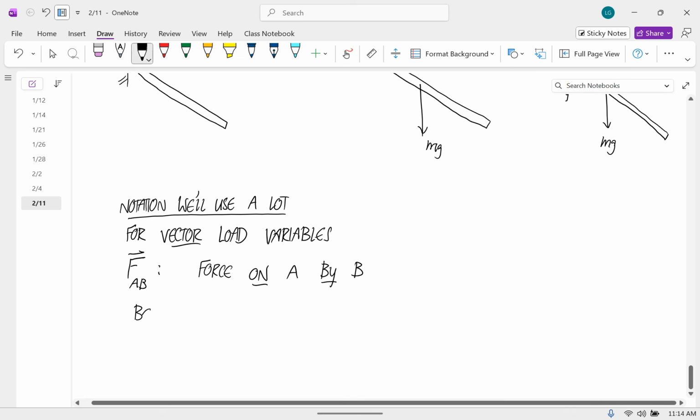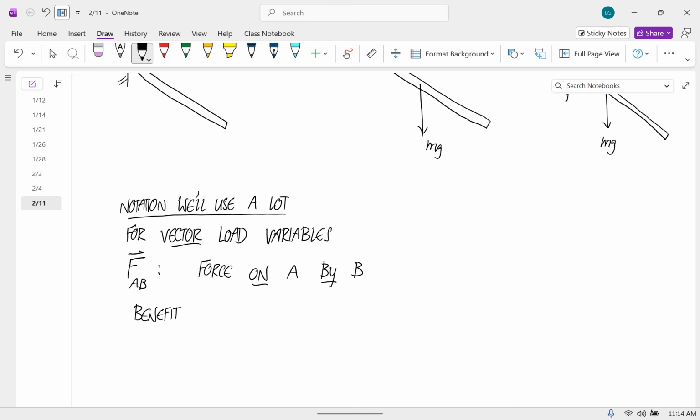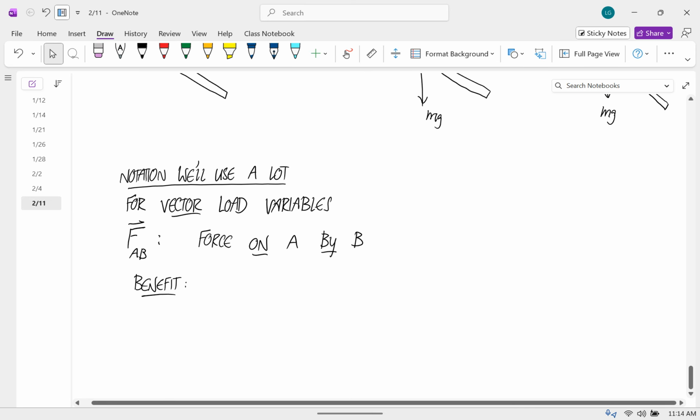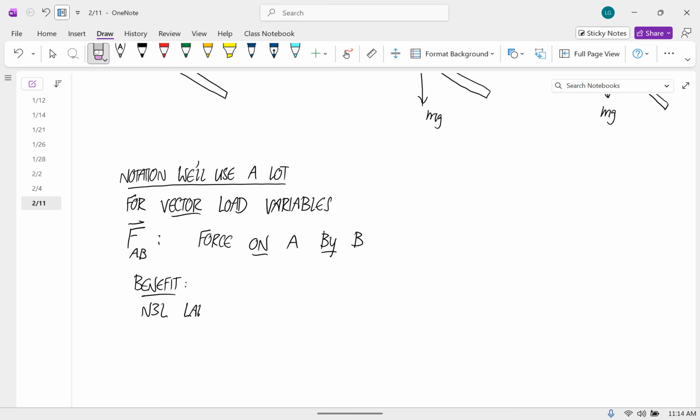And the benefit of this is we'll see that we use this all the time in things where there's a lot of bodies, and we're coming up with a lot of equations and solving a big system of equations. Newton's third law can be expressed in this really simple way.